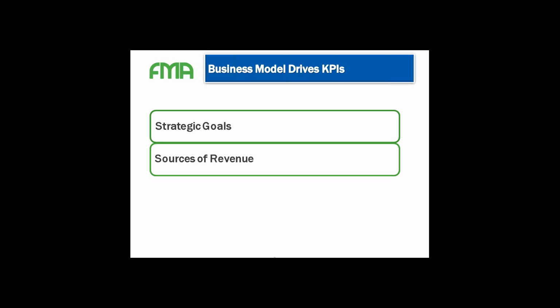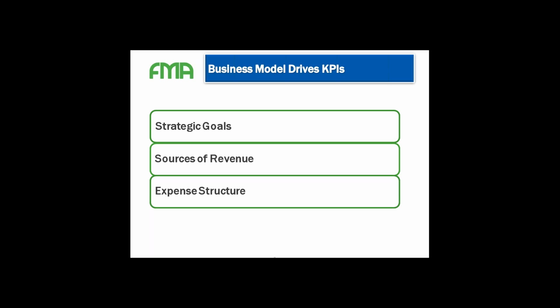When we think about risks in a business model, while there of course are risks of many types, the revenue risk, will the revenues come in as needed to deliver on mission, is a very big risk. So you'll see many KPIs will focus on sources of revenue and where we're meeting those targets.